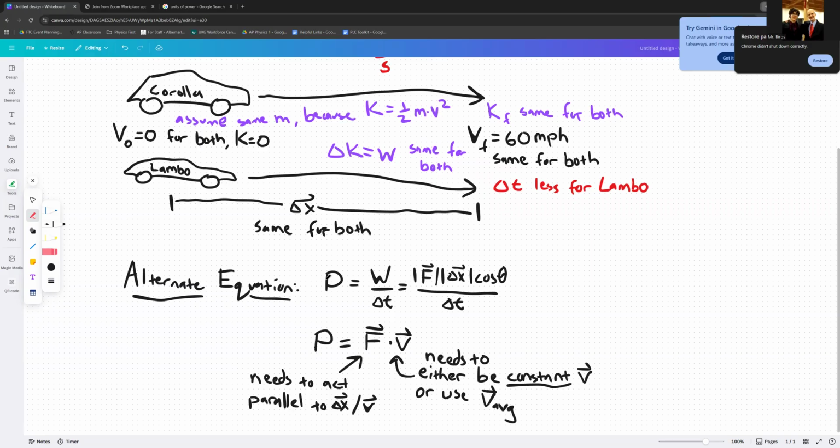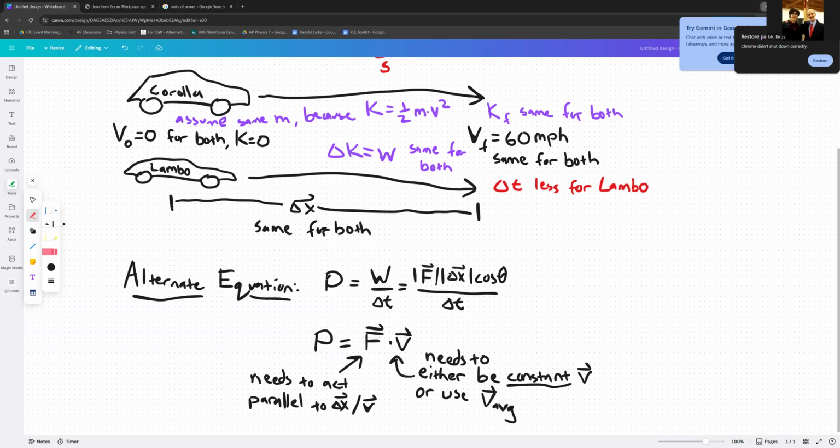But we're not going to get into the weeds with any of that. We're just going to say if an object's moving and it has either a constant velocity, or we could find the average, and we know that that force acts parallel to that displacement or velocity, then we can use this equation. So there's those limitations on it, right?